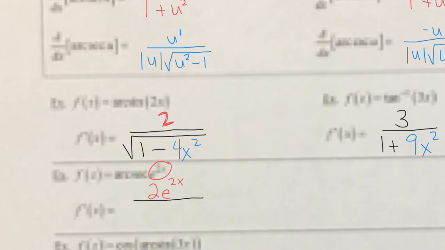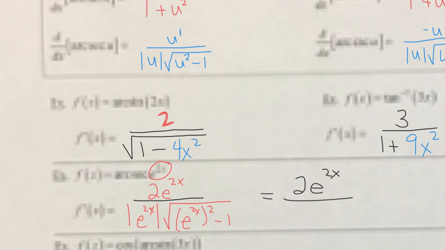Anytime we take an e derivative, the derivative of e is itself times the derivative of the power, over absolute value of u times the square root of e to the 2x squared minus 1. Okay? So there's a lot of things going on here.